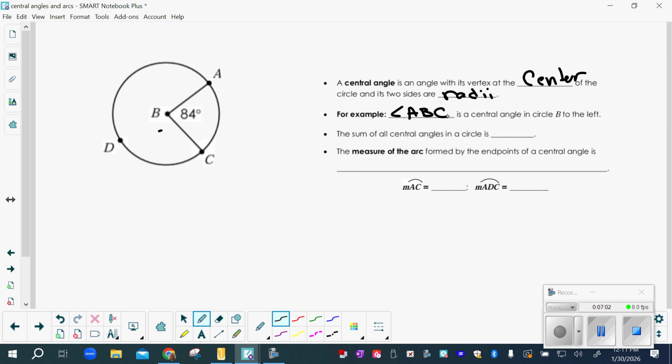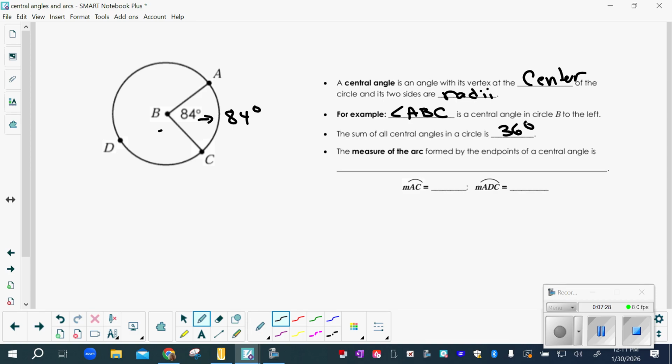So here's what's cool. If I want to know how many degrees this part is, the little crust, I just look at the central angle. They are the same. So if that's 84, then that's 84, right? So here's what we need to know. We know the sum of all of them is 360 degrees.